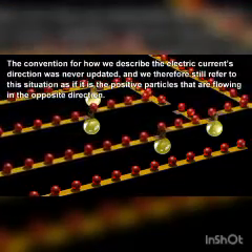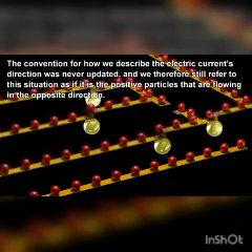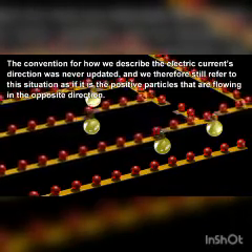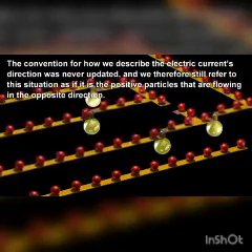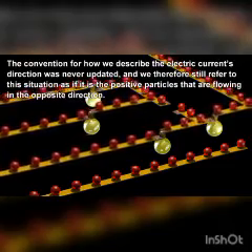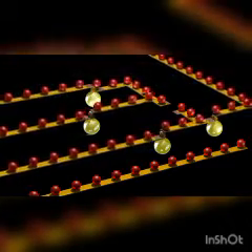The convention for how we describe the electric current's direction was never updated, and we therefore still refer to this situation as if it is the positive particles that are flowing in the opposite direction. Much more detailed information about voltage, current, and electric circuits is available in the other videos on this channel.